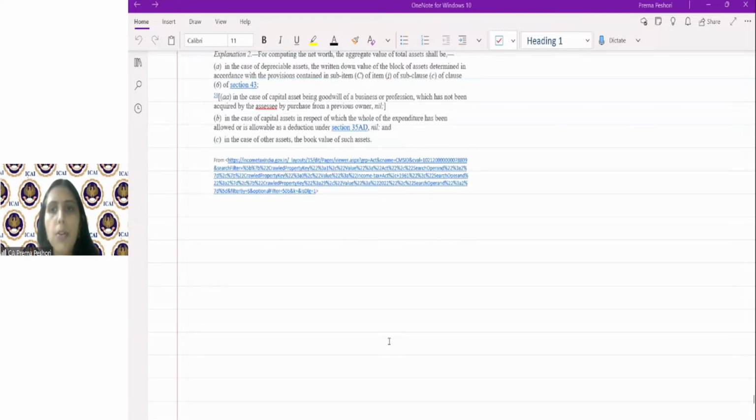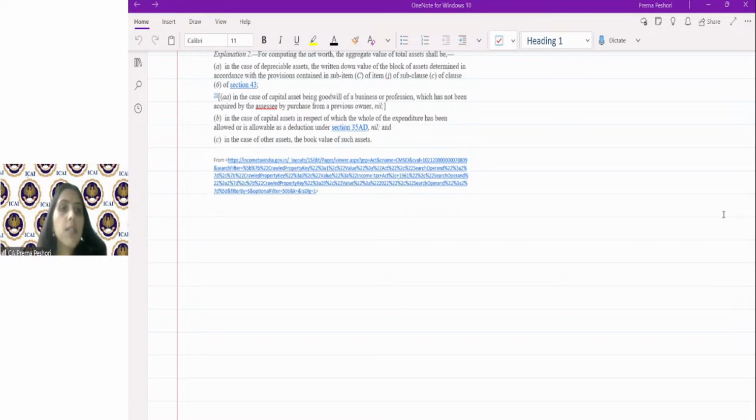Okay, so what we are going to do now is we have almost covered most of the important provisions of the capital gain. What I'm supposed to cover today is actually going to be the income from other sources. But first we are going to cover the balance capital gain, and then we are going to move towards the income from other sources.